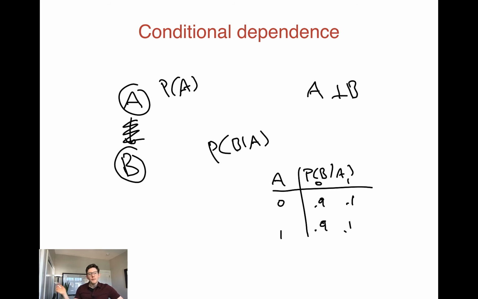So you would probably ask, why in the first place did you put that edge in your graph? You could have gotten rid of it and it would be equally valid. But we allow ourselves to put in edges that are unnecessary. That is, I'm still allowed to put an edge from A to B even if A and B are in fact independent.